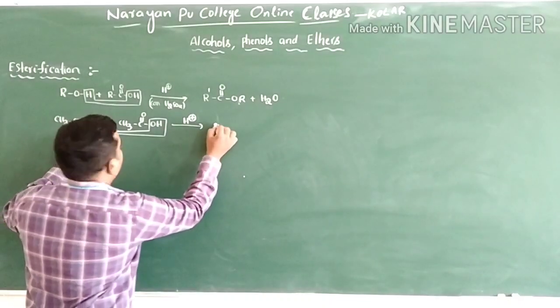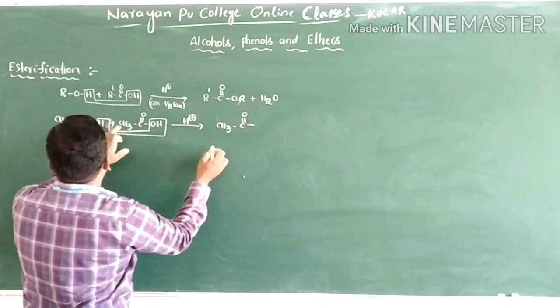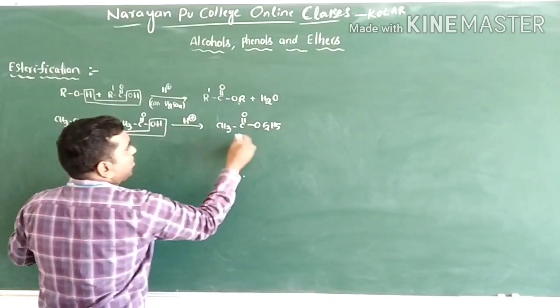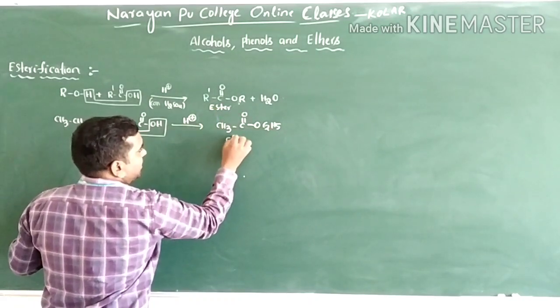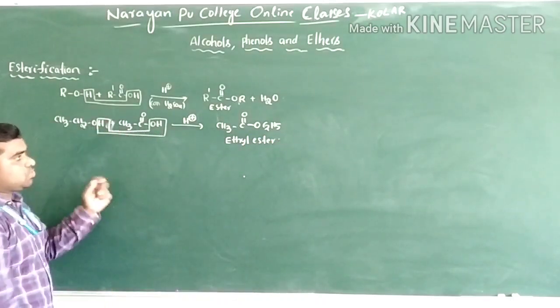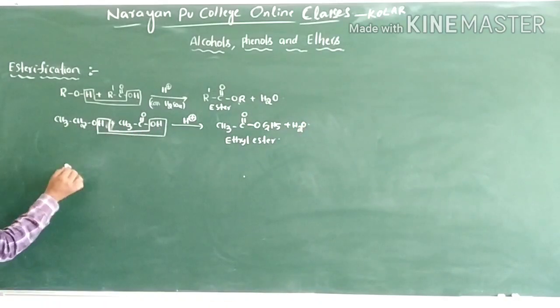Then what compound will you get? You will get CH3, C double bond O, and O C2H5. What is the name of this compound? This is ester, ethyl ester, plus water.